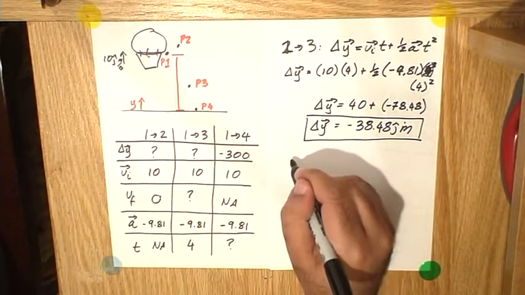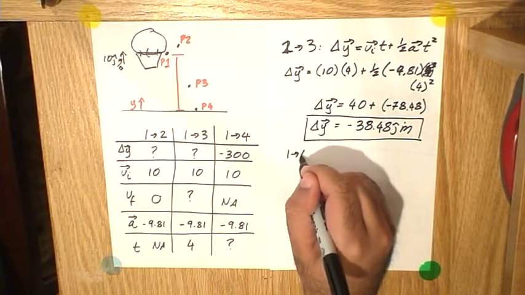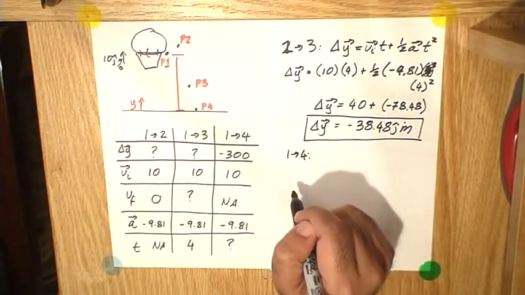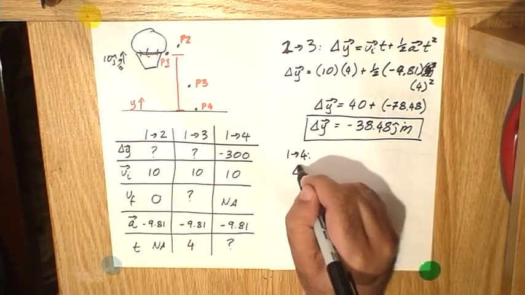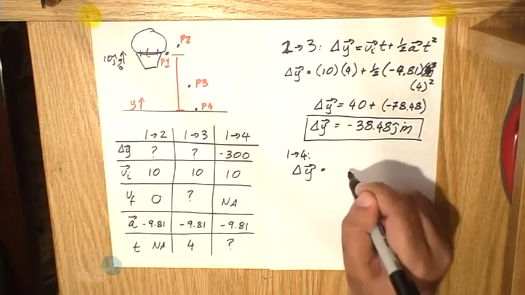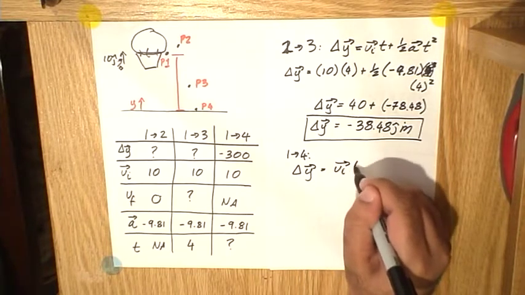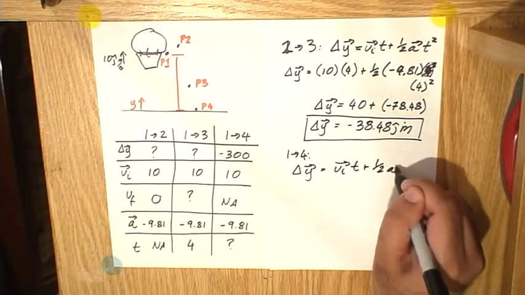And finally, to find the time from 1 to 4. So the way that we would do that is delta y is equal to v initial times t plus 1/2 a t squared.